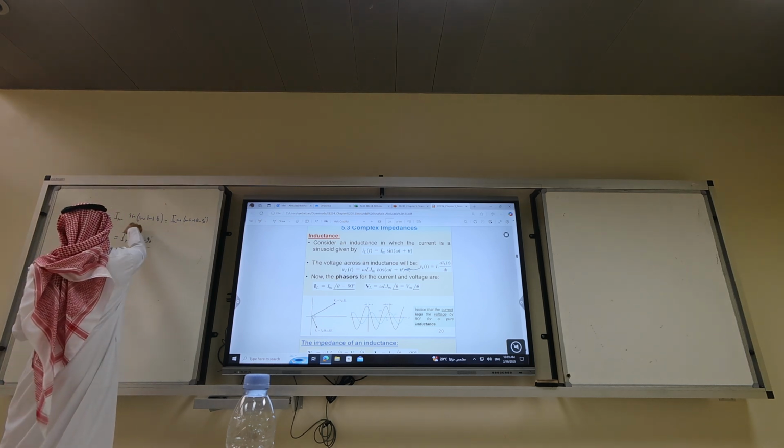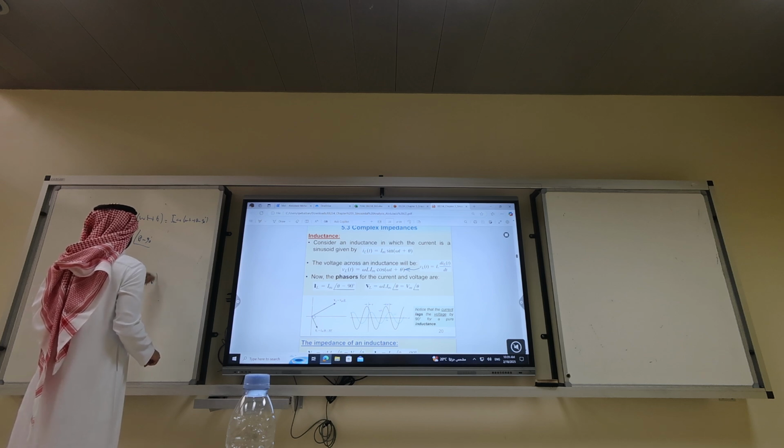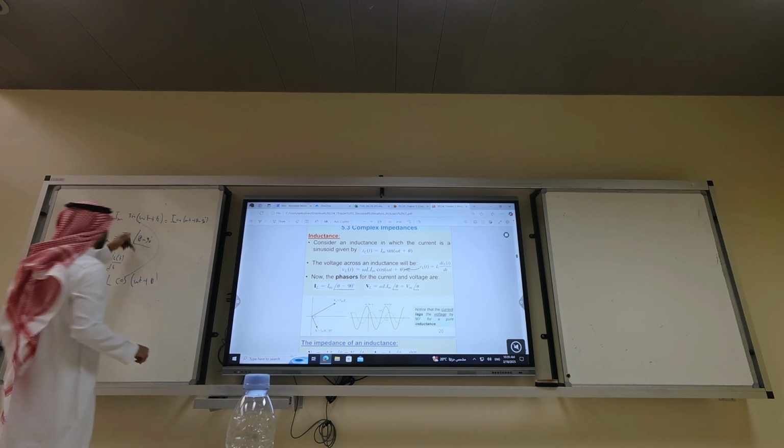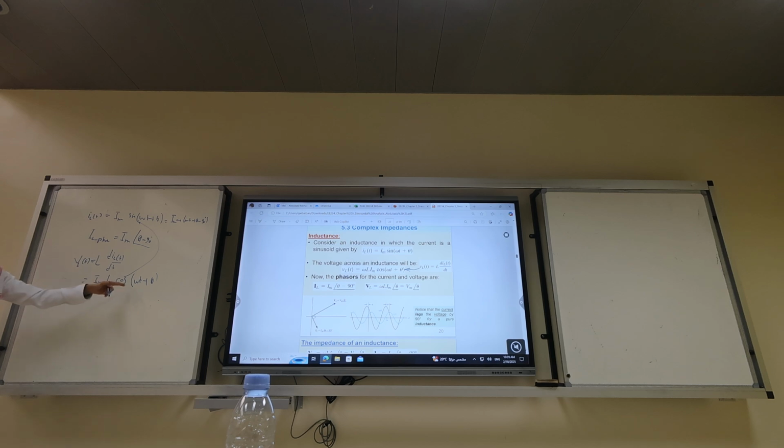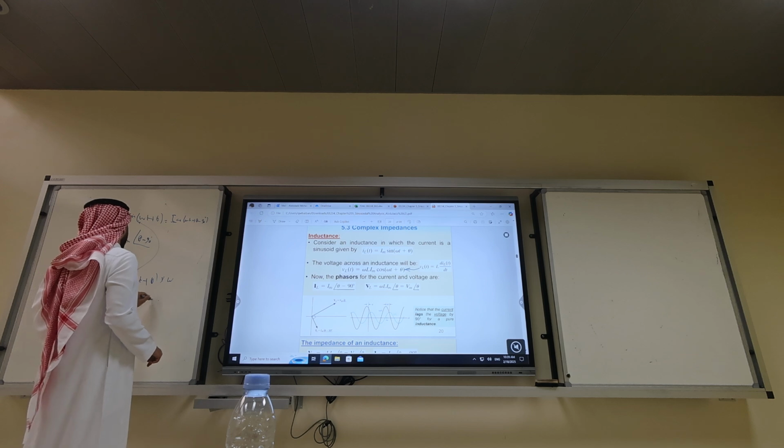We can do the derivative of sine, and then write it as a phasor. Then we have the chain rule, times omega. So this would be omega I_m L cosine of omega t plus theta, right?